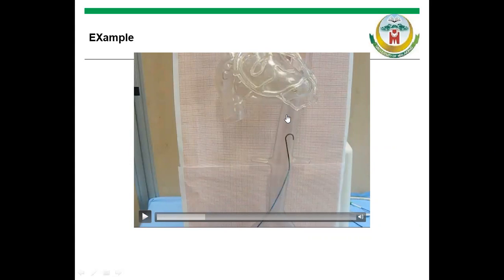This is a physical model. This wire is inserted into the human body, and it is forwarded to the heart chambers.